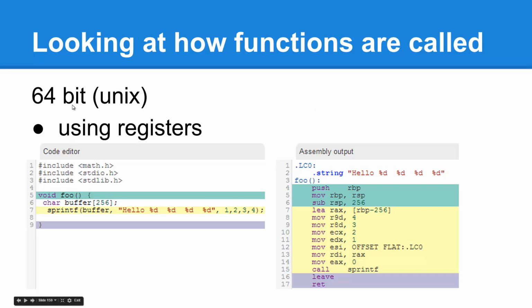So with 64-bit Linux, the registers are instead used. It starts with R9D, R8D, ECX, EDX, and obviously the compiler jumped from the 64-bit to 32-bit registers for some reason here. Then it loads in a destination pointer for this local stack buffer, and then calls sprintf.